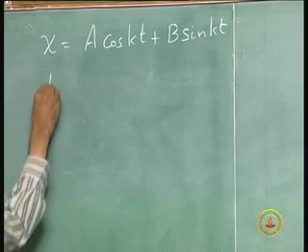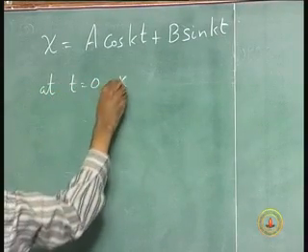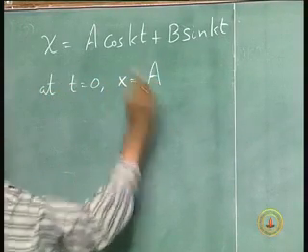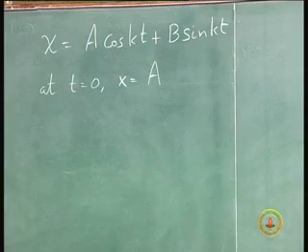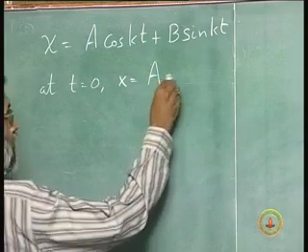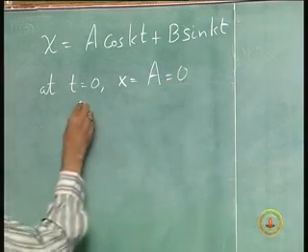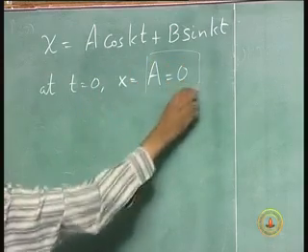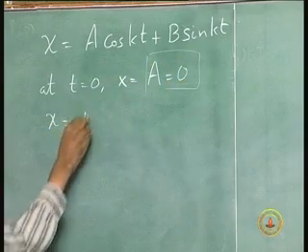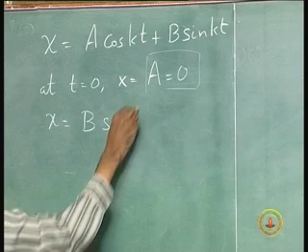So, at t equals 0, x equals a, and I am told that at t equals 0, x is equal to 0. So, I know that a is 0. So, that tells me that x equals b sin kt.